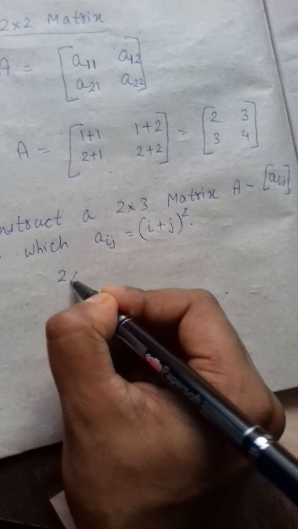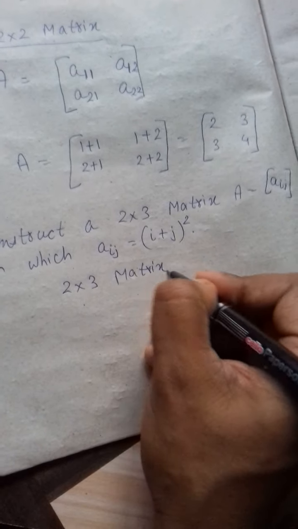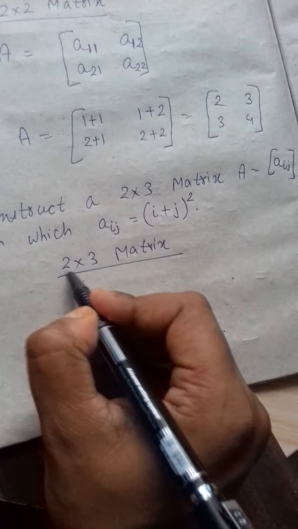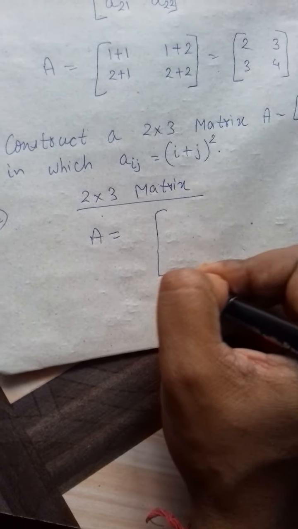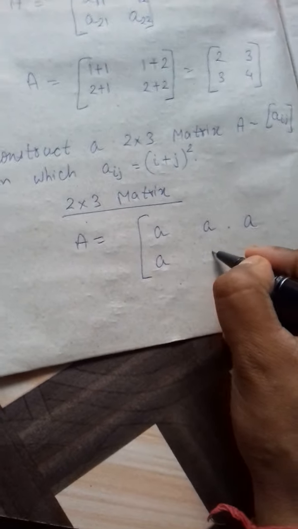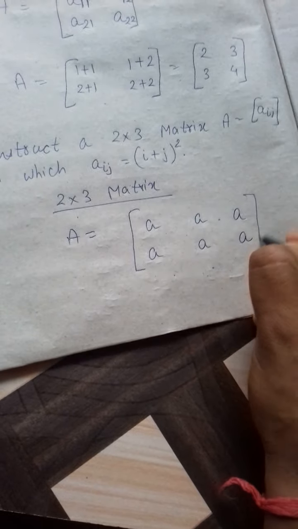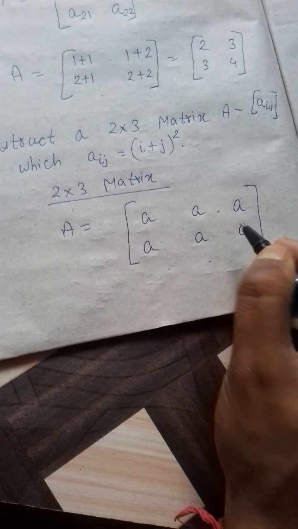So here we have to construct a 2 by 3 matrix, meaning it has 2 rows and 3 columns. So 2 rows and 3 columns.